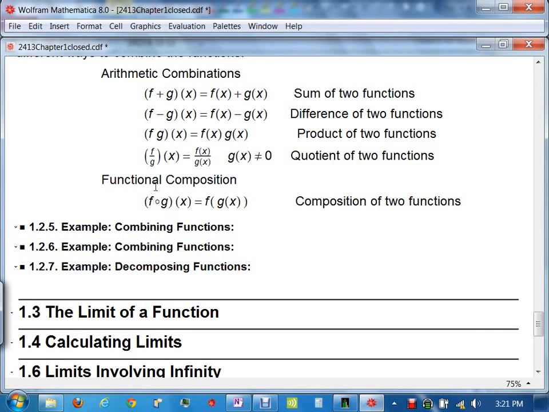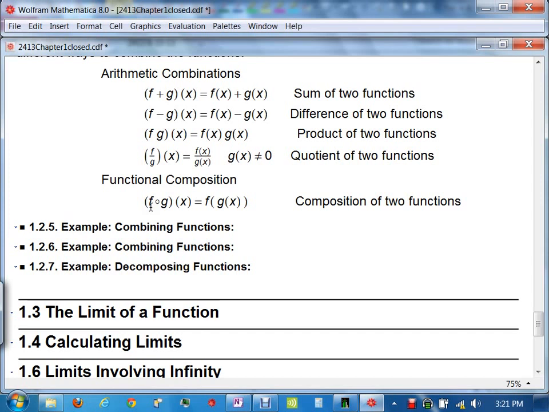What's the difference between those first four arithmetic combinations and composition? There's a fundamental difference between the two. Yeah, it's a function inside of another function. It's a function plugged into another function instead of a function plus another one multiplied.